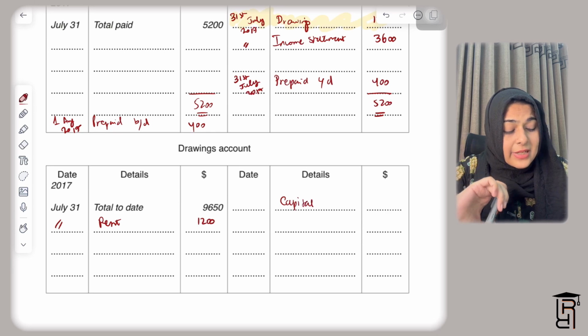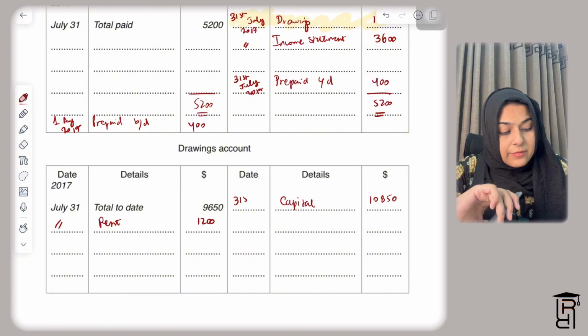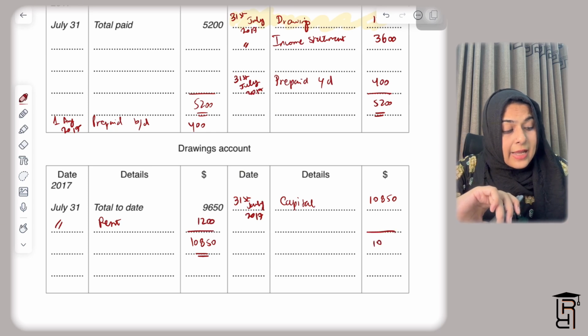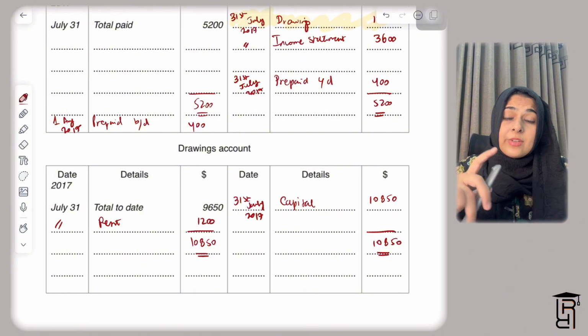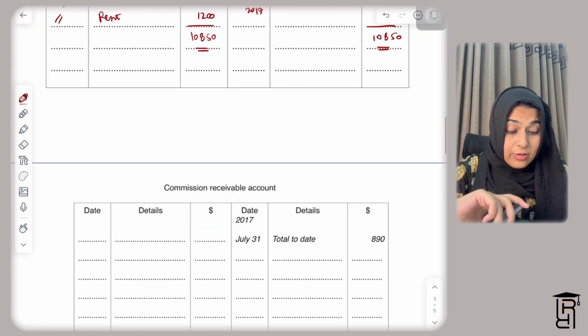You'll write here capital, and you'll write here 10,850, and this is going to be 31st July 2017. And this is going to be debited in the capital account, and in the capital account you'll write drawings in the details, and drawings always reduces capital, so that is why you're going to debit the capital account and you're going to credit the drawings account.